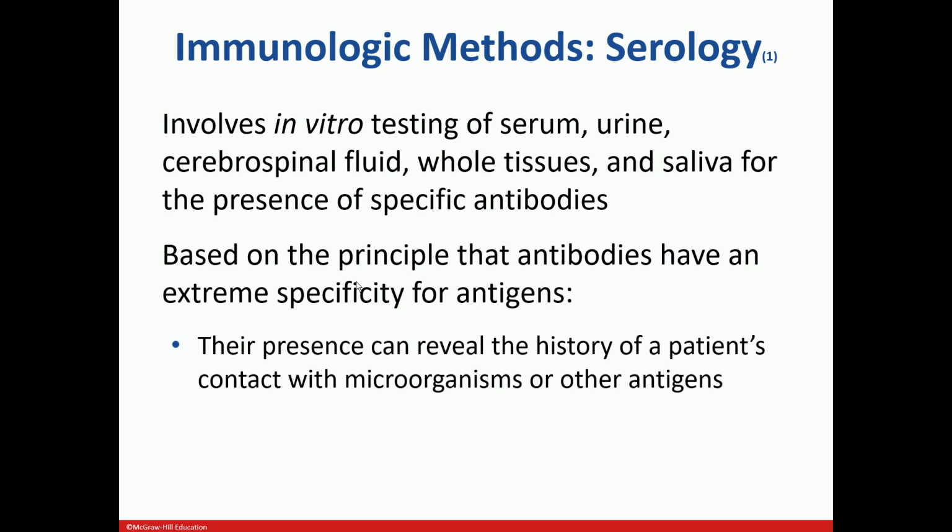So what are the other ways by which we can identify the microorganisms? Another way is immunological methods. As I told you already, immunological methods depend on the presence of antibodies in the clinical sample.